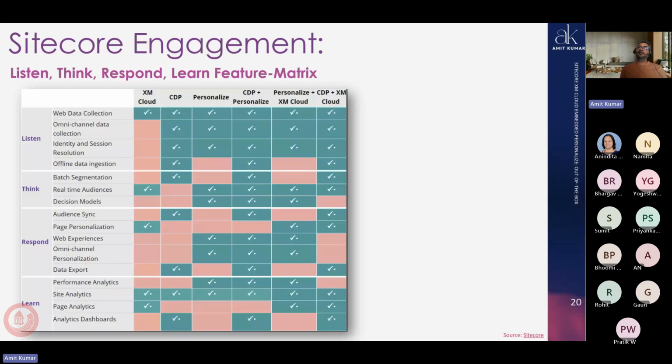But if your client or organization is going to implement a mobile application too, and there you also need personalization, then you need to explicitly buy the license for CDP and personalization. So you can go through this matrix, identify which features are ticked for XM Cloud and match your requirements, and based on that you can buy or propose a specific product.